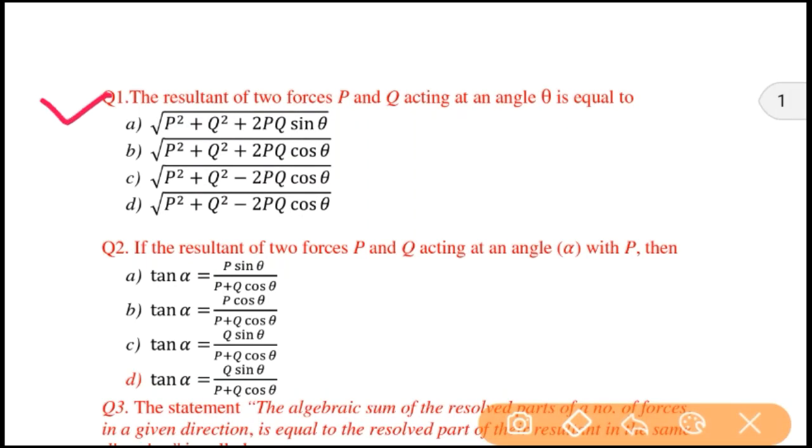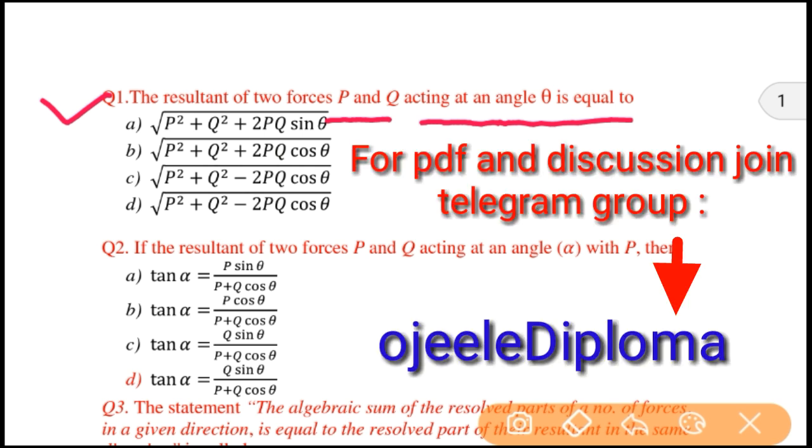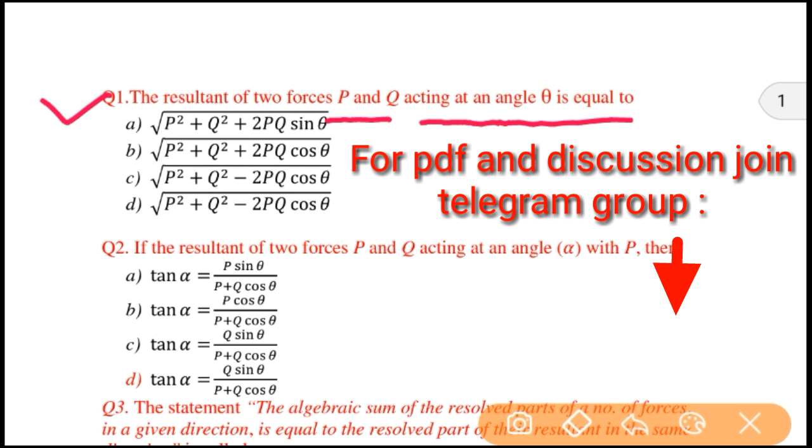The resultant of two forces P and Q acting at an angle theta is equal to, we know that from the parallelogram law, I have already explained in my lecture. If you have not watched all the previous year solutions, you can watch them, available on our channel.